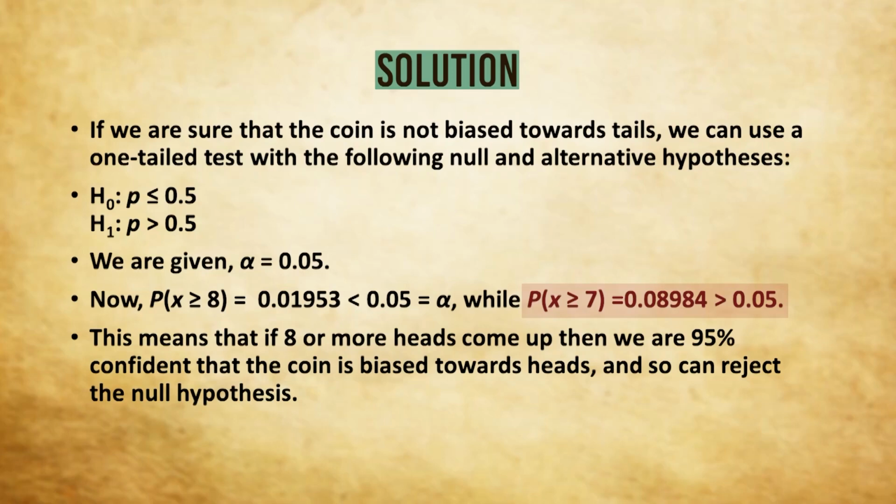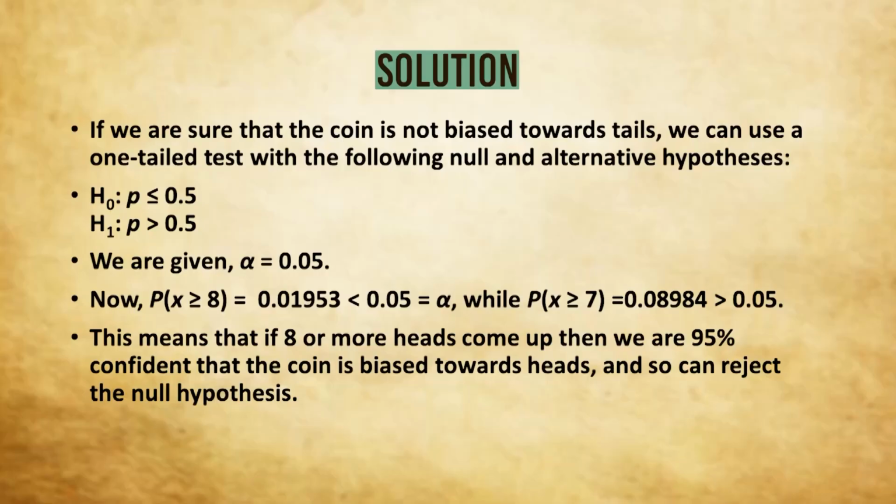So out of 9 tosses, if we get 8 or more heads, then the p-value is less than the level of significance. That means at that time we will be rejecting the null hypothesis. But if we calculate probability x greater than or equal to 7, then the p-value is more than alpha, so we accept the null hypothesis.